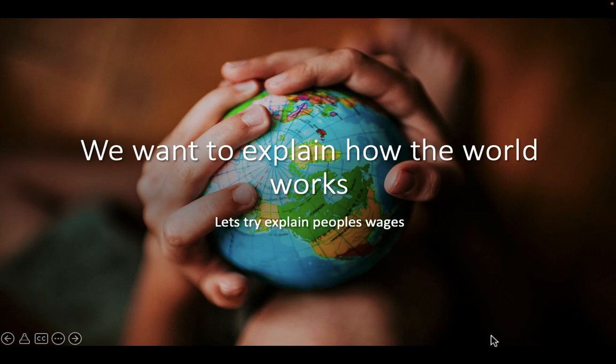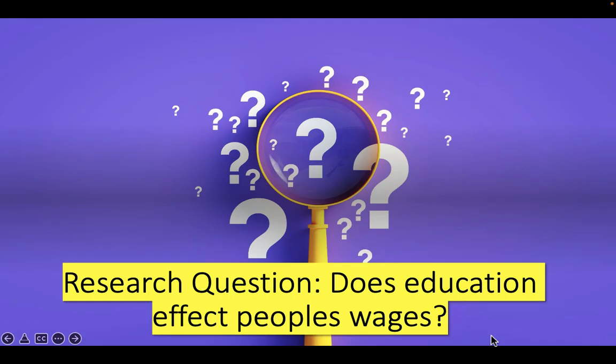For today, our research question is going to focus on whether education affects people's wages. So, once again, the focus is whether education impacts wages. We know wages vary, but does education explain the variation of wages among people?